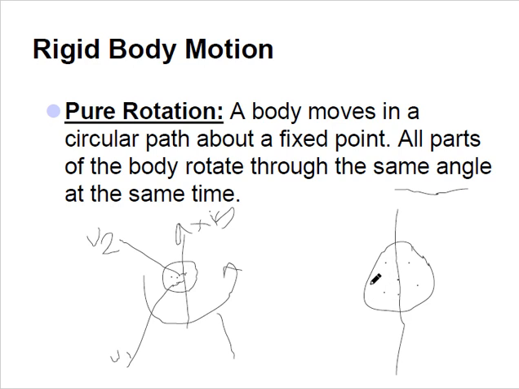So the speed of the point far away is higher than the speed closer to the fixed axis, which is the fixed point at the center. The farther away from the center, the faster it moves.